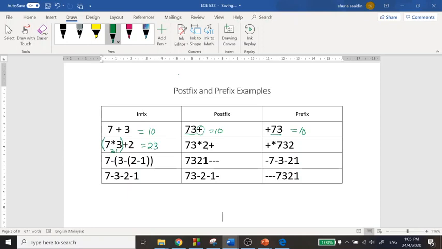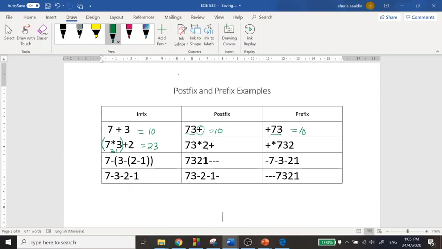Similarly, in postfix, you have to scan through until the operator occurs. So you scan through 7. 7 is not an operator, and you go to the next one. 3 is an operand, not an operator, and you go to the multiplication. Multiplication is an operator.